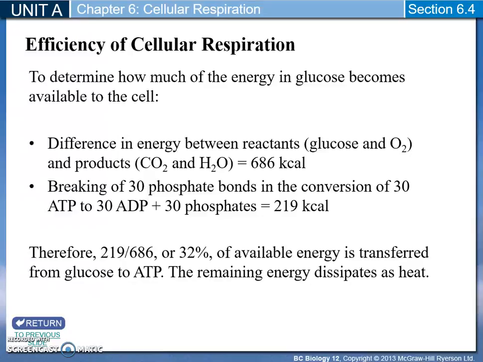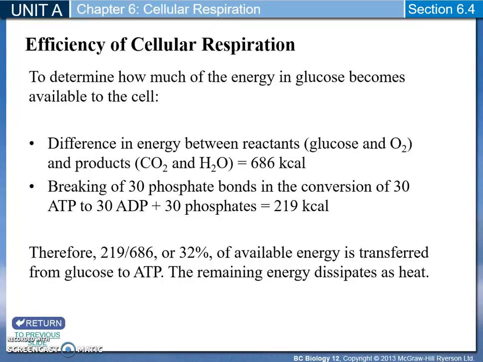So therefore, just like any system that extracts energy from anywhere, it's never a perfect system. You will never yield 100% of the energy that's available. In this case, it's about 32% efficient. We will get about 32% of the available energy from glucose converted to ATP, and the remaining energy simply dissipates as heat.